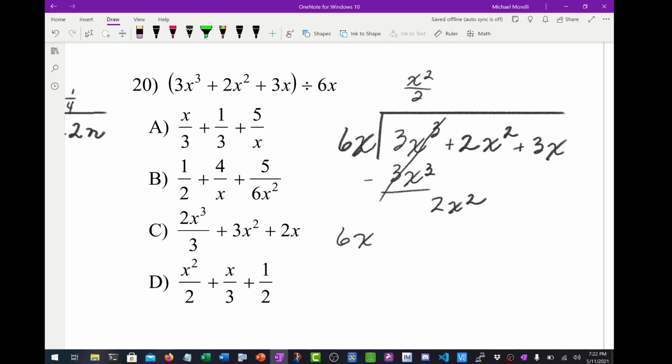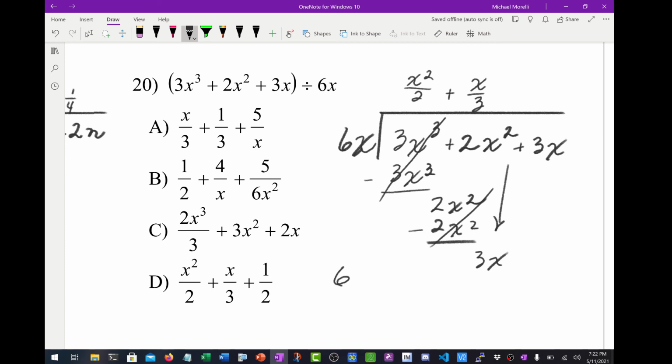We take 6x, multiply by x over 3, and that's going to give me 6x squared over 3. Divide the 6 and the 3, I'm left with a 2x squared. Bingo. So the next term of the quotient is x over 3. We already know that works. This is 2x squared.